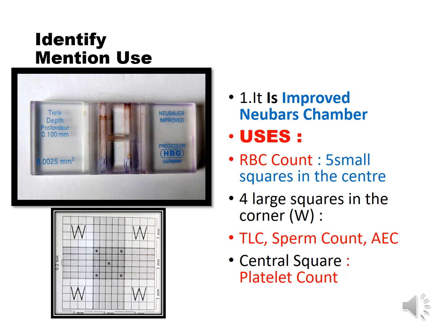You can use this Neubauer chamber for sperm count, AEC, that means absolute eosinophil count, and the central squares can also be used for the platelet count. So the uses are various counts: RBC count, WBC count, sperm count, absolute eosinophil count, and platelet count.